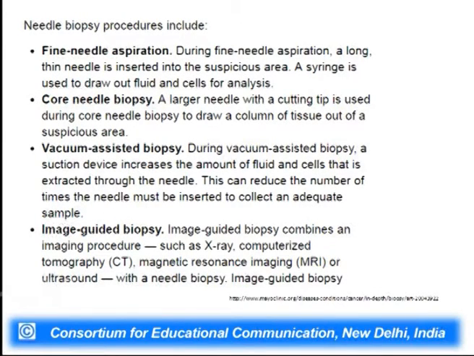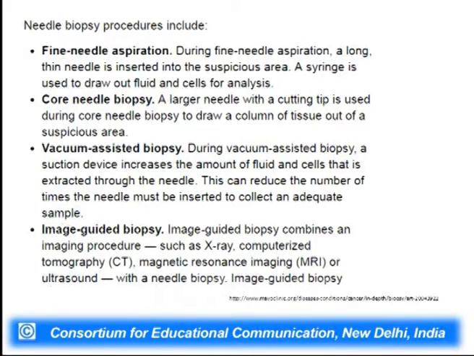Now, we first go into the needle biopsy procedure, which includes various forms. Needle biopsy has been further divided into a number of types. The first one is the fine needle aspiration biopsy, in which a thin and long needle is inserted into the suspicious area where a lump has formed. Through this fine needle and syringe, the fluid or cells are drawn out for analysis and further studies.